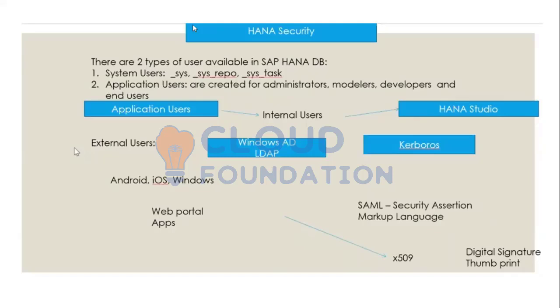In HANA DB, we are going to see a different scenario where we call the access assignment things privileges. I'm just telling you this so that you are good with the terminology. If you have to give access to the user, you will be assigning some privileges to the user with the help of roles. So that is the core concept.